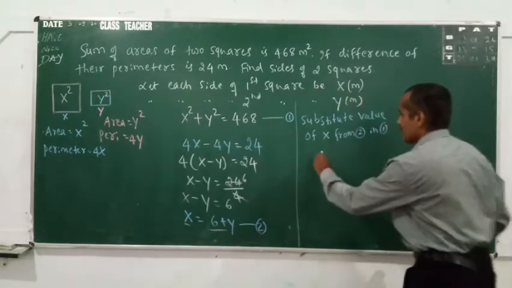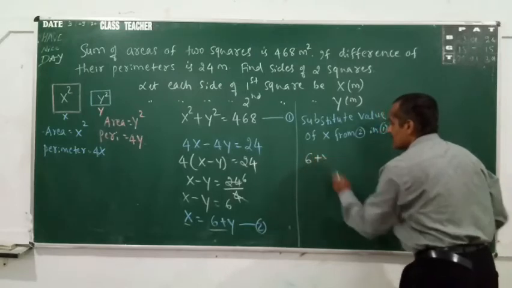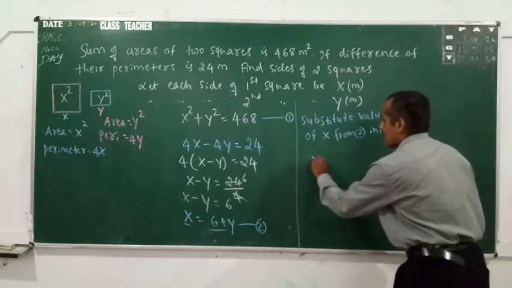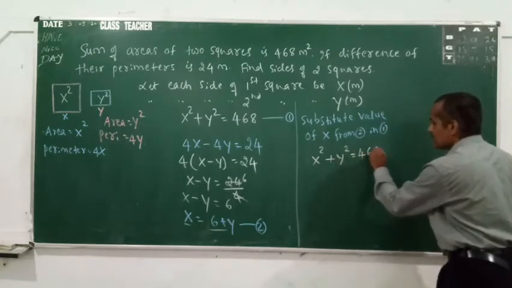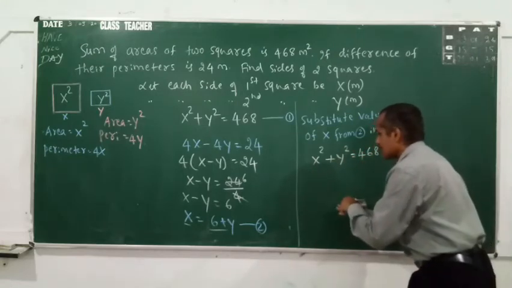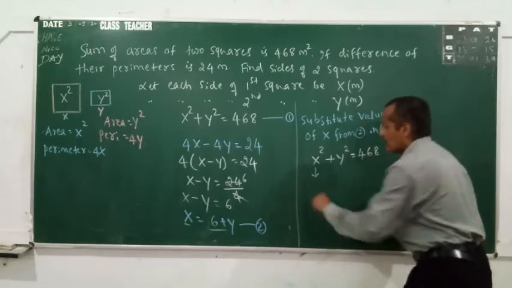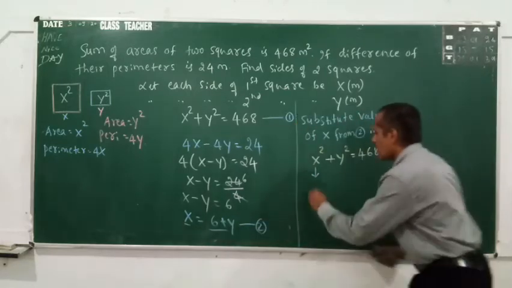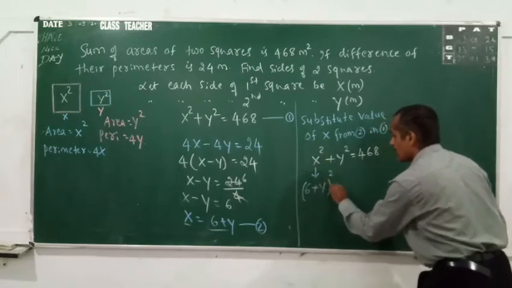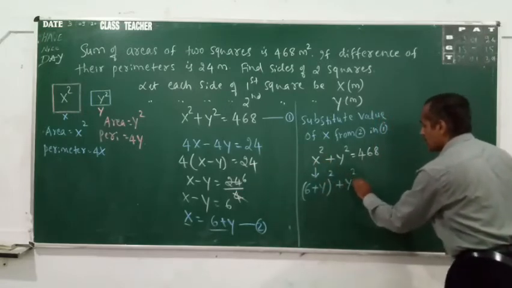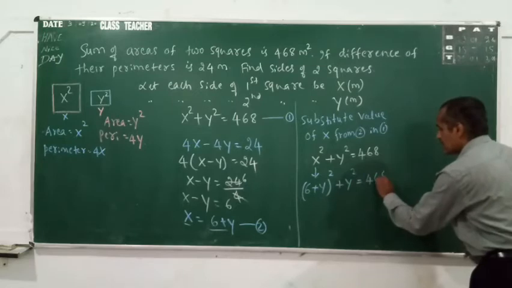Let me write the equation first: x square plus y square is equal to 468. In the place of x, what can I write? 6 plus y. (6 plus y) the whole square plus y square is equal to 468.